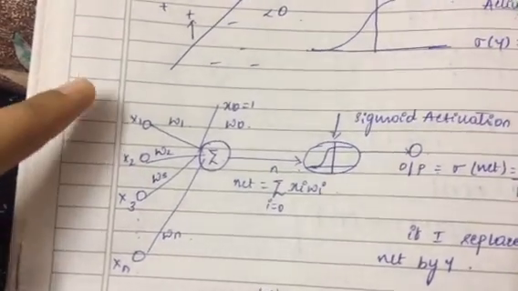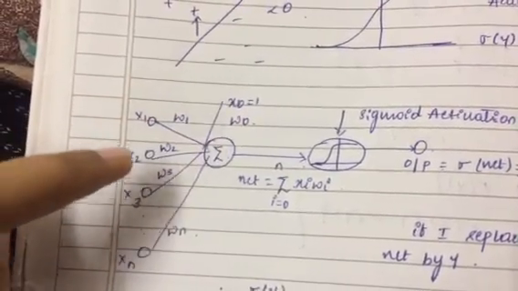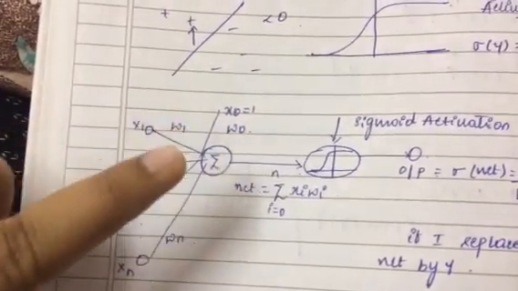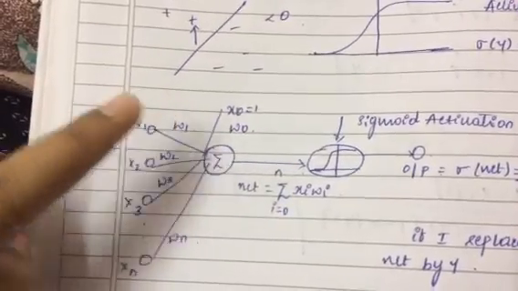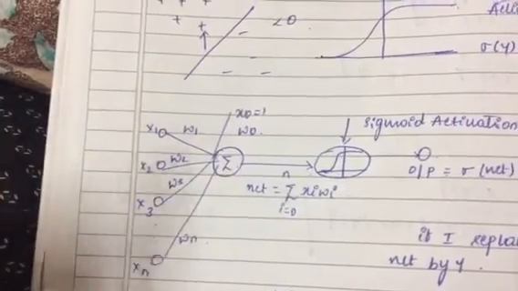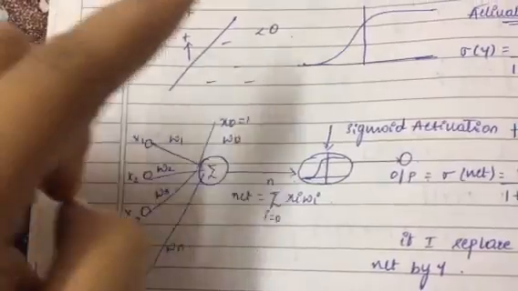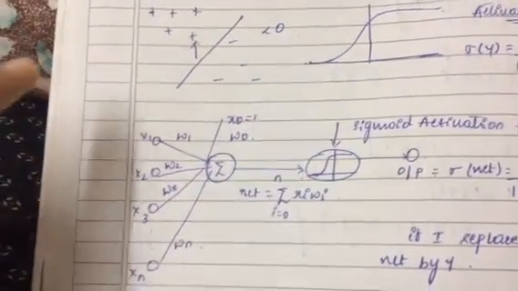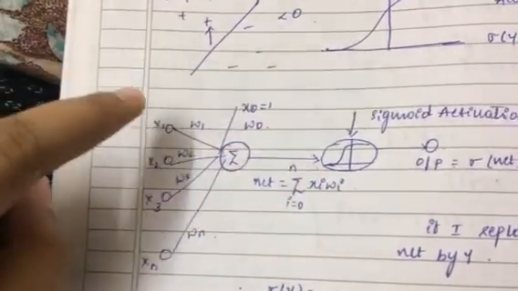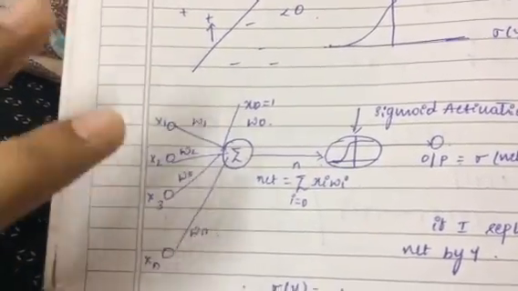If I consider the 3 samples of input, it is going to start from x0, x1, x2 and x3, where x0 and W0 take the standard value, and x1, x2 and x3 take the 3 sample values. Now if I apply the gradient descent method to this artificial neural network, initially we choose some random weight.